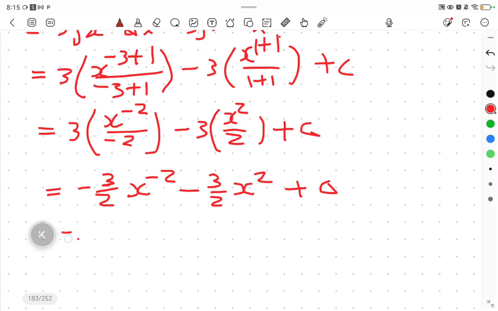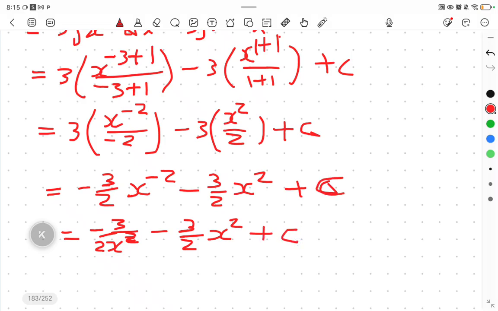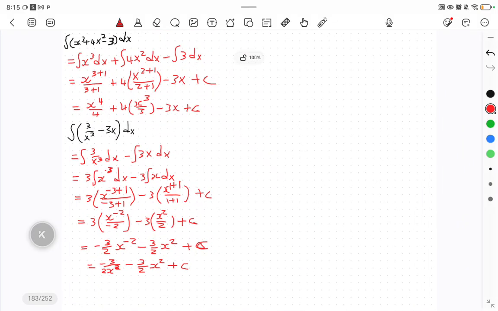Then this is the same thing as having, yeah, and that will be the solution to that.